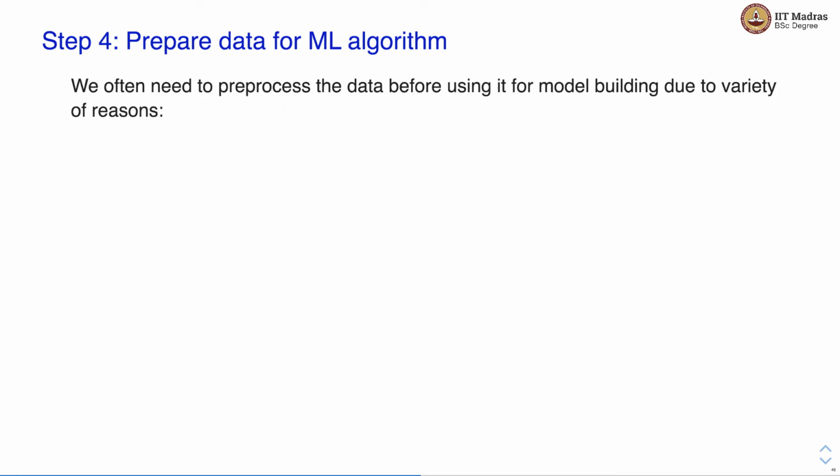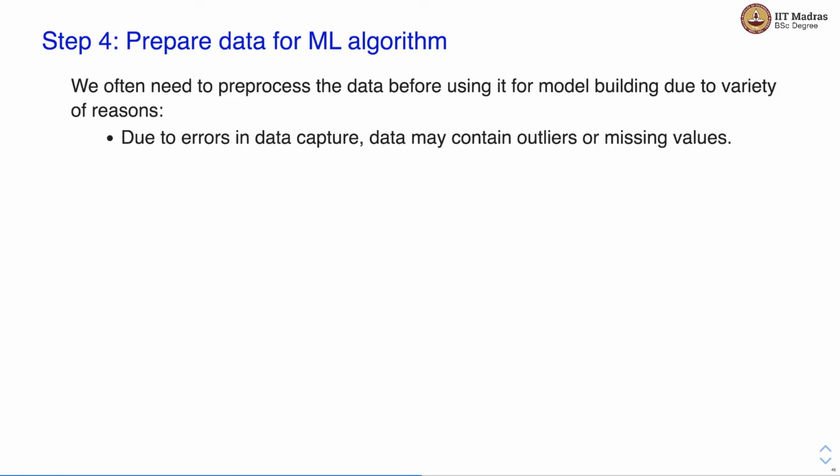We often need to pre-process the data before using it for model building due to a variety of reasons. There could be errors in data capture. Data may contain outliers or missing values. Imagine there is a sensor measuring the wine quality, and if the sensor starts malfunctioning, we might see different values than otherwise.